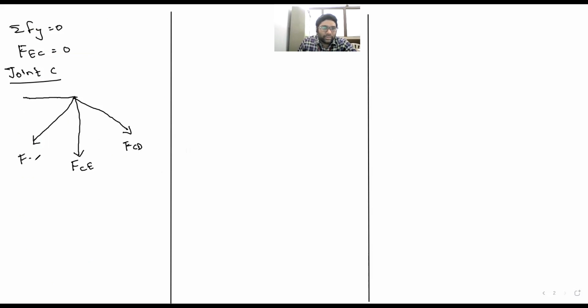FCD, FCA, FCB. Isn't it? Now we have to resolve this. We know how to resolve. So resolve into horizontal component, vertical component. And here also resolve into horizontal component, vertical component.